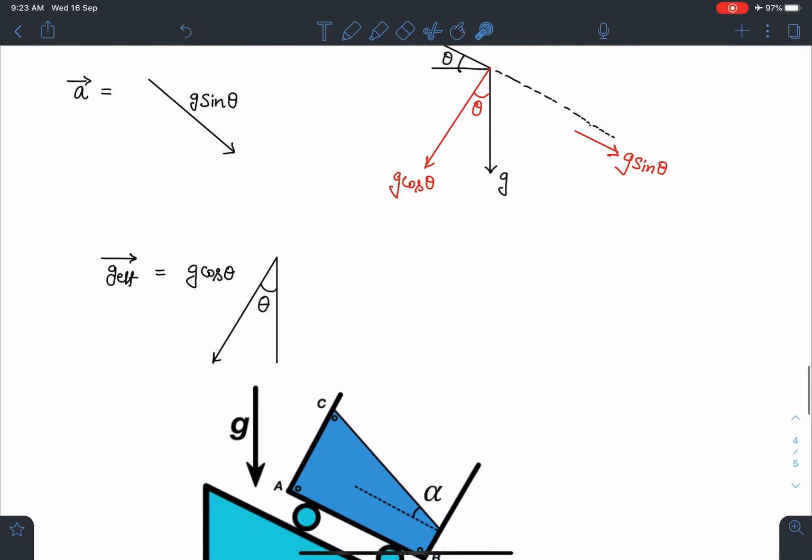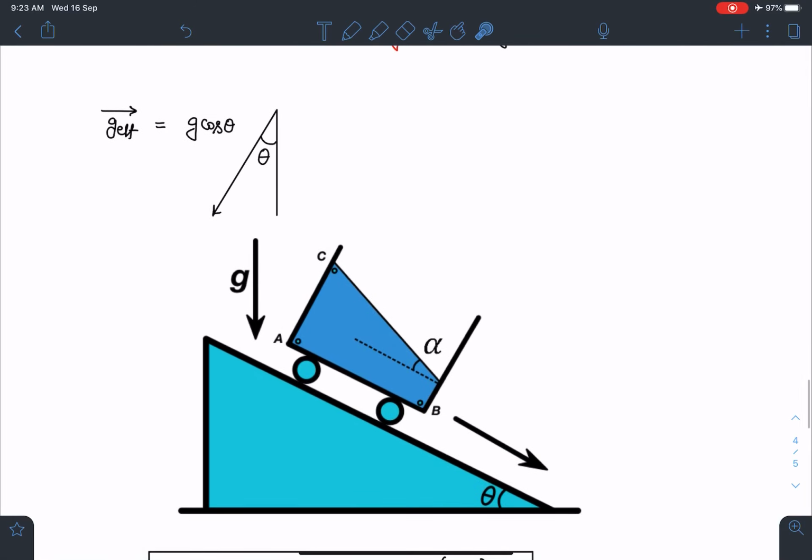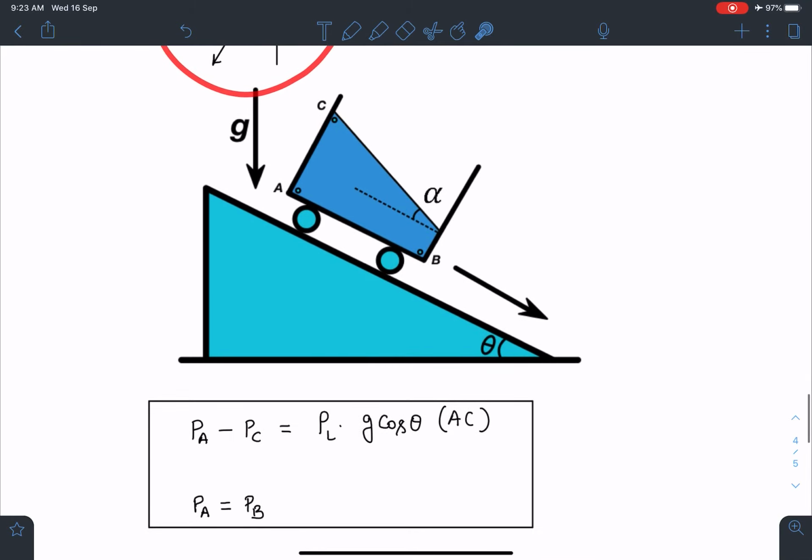So overall this is the G effective. You can see here PA will become equal to PB because there is no G effective in this direction. Because the overall G effective component is this side, that is G cos theta, I can easily say that PA is greater than PC.